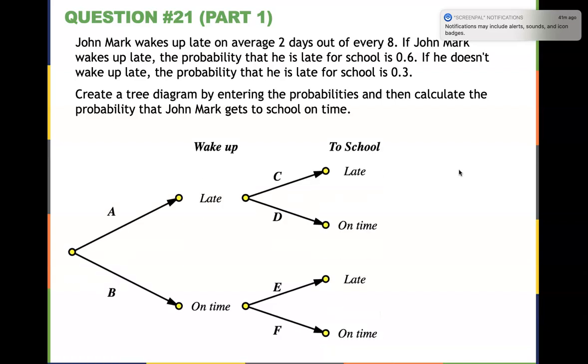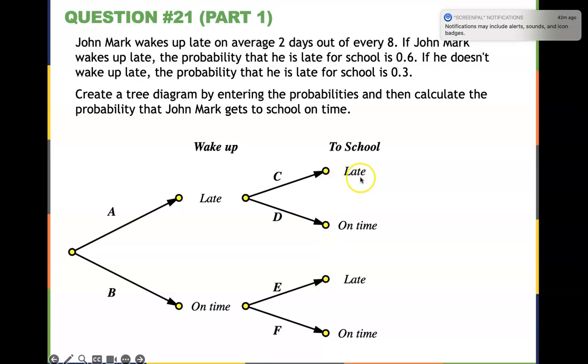So, first of all, our scenarios are: does John Mark wake up late or on time? Then, given that he wakes up late, or given that he wakes up on time, does he arrive to school late or on time? So there are 4 different possibilities, right?